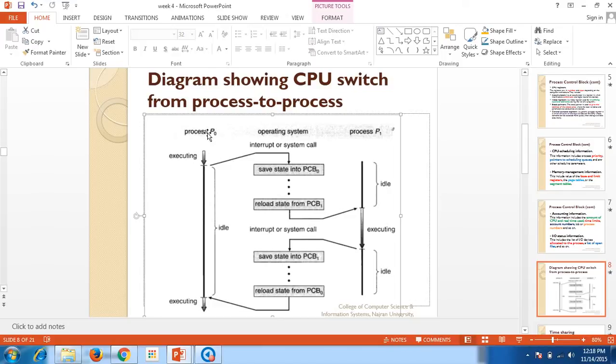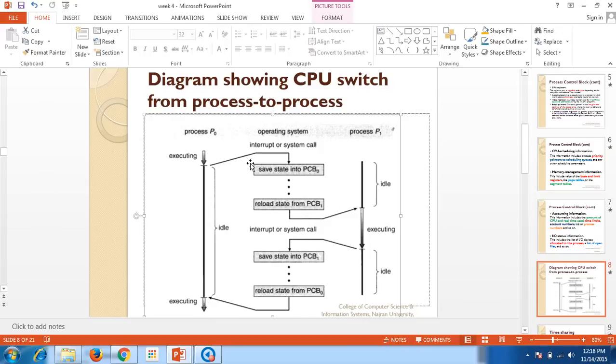Now this diagram shows that P0 starts executing, and after some time we need to stop this process. It depends, maybe its time slice has expired, so we need to stop it. When we stop, an interrupt comes and it stops and gives control back to the operating system.